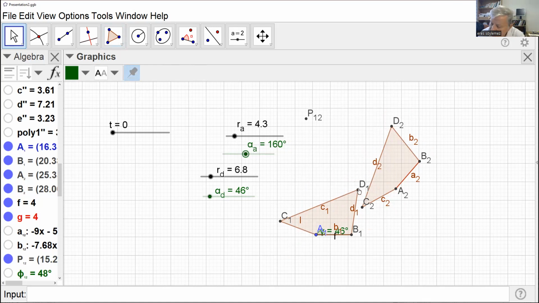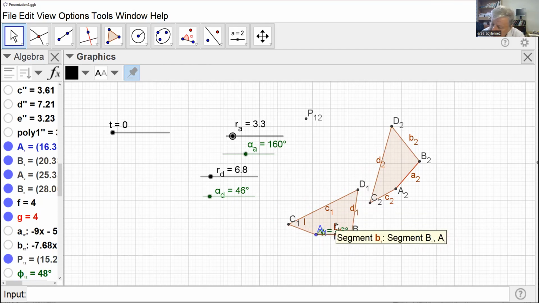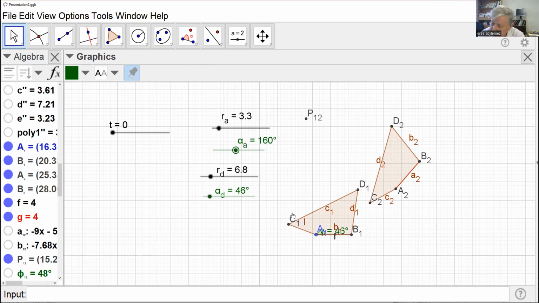Once I select C1, D1, C2, D2 is automatically determined. Or vice versa, because these are the 4 parameters that I will use. I have used polar coordinates in this case. I could have said, okay, distance X from A1, distance Y from B1, but that will be more complex. These are the 4 parameters.